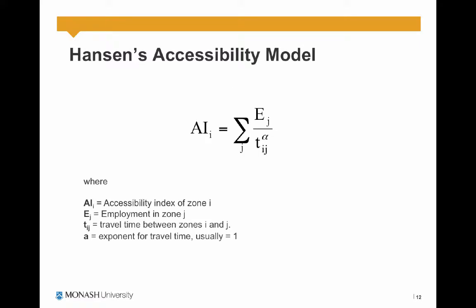We can express that mathematically as the accessibility index of zone i, the summation of the number of jobs E in zone j over a function of travel time, which is usually a power function of T_ij. And usually we use a power equal to 1, but this could also change.